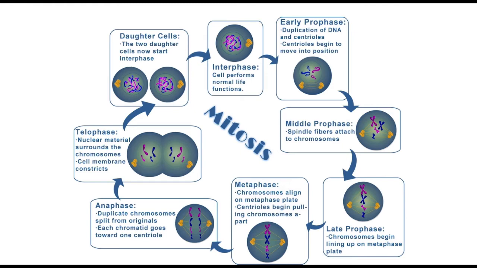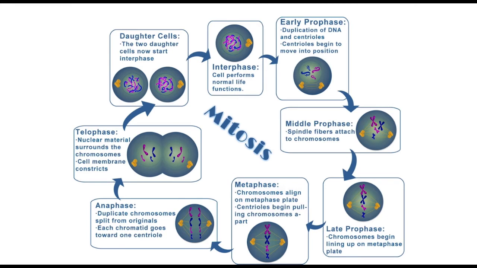Centrioles begin to pull the chromosomes apart, and by anaphase, the duplicated chromosomes split from the originals. Each chromatid goes towards one centriole.